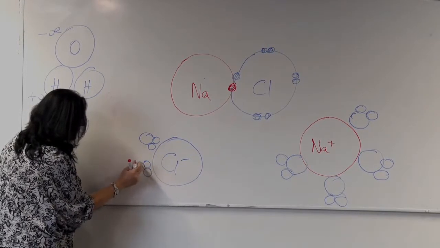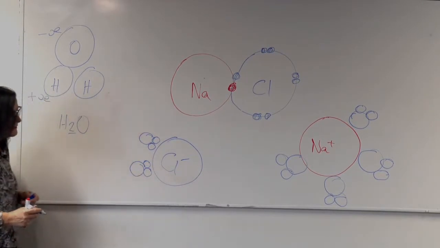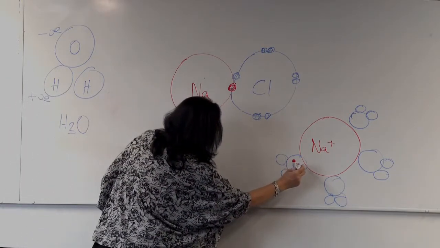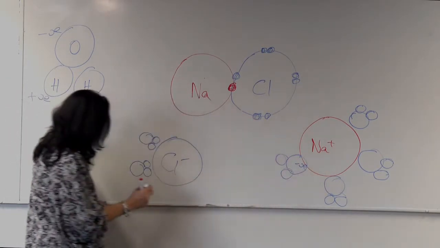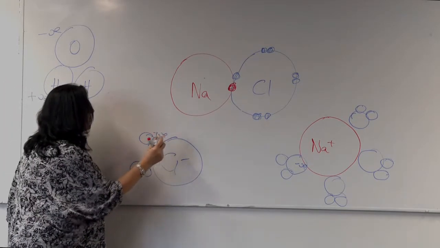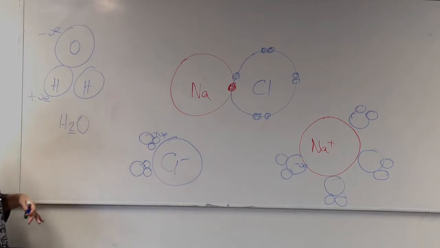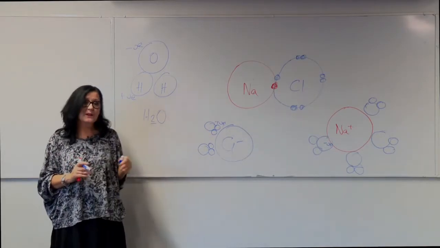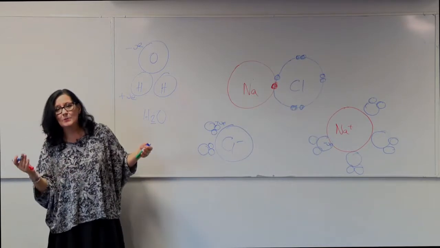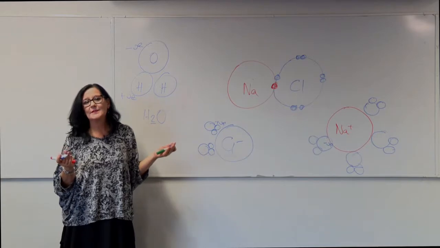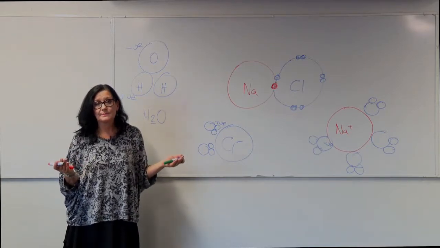In this case, we've got the negative pole attracted, and in this case, we've got the positive pole attracted to chlorine. Consequently, our NaCl has become Na plus and Cl minus. And these are two of the most important ions in terms of the body.